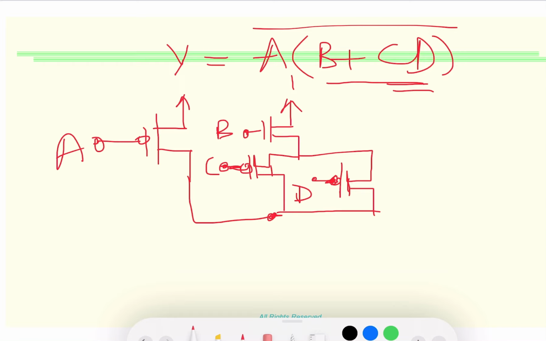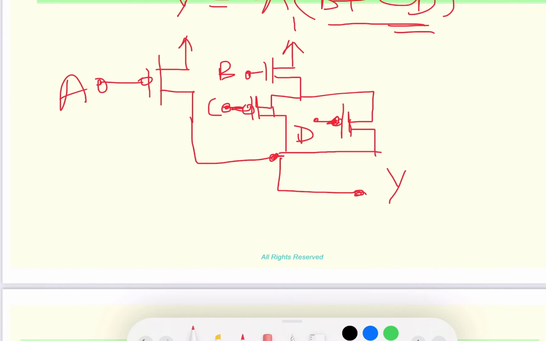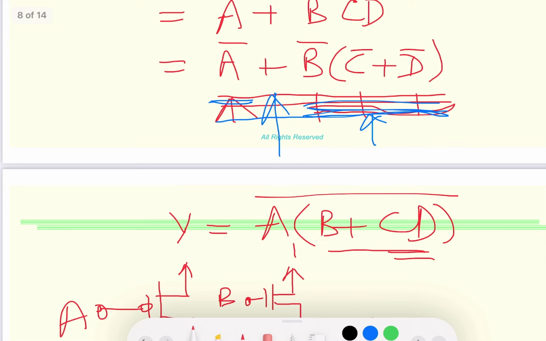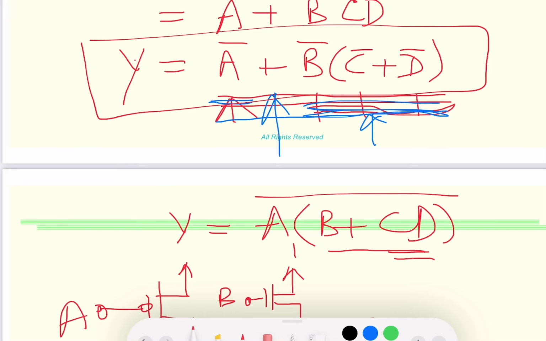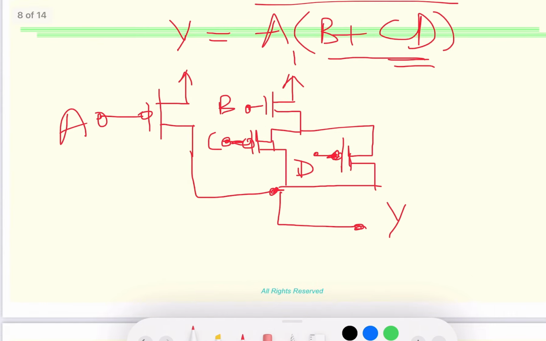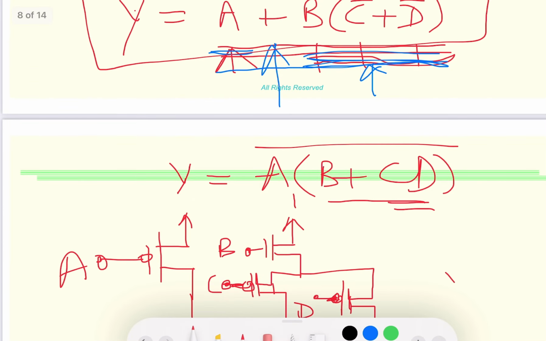So that is how a pull-up network would give us output Y, but in CMOS you can also implement the pull-down network using NMOS. So this equation needs to be implemented there, where, let me just write it there.